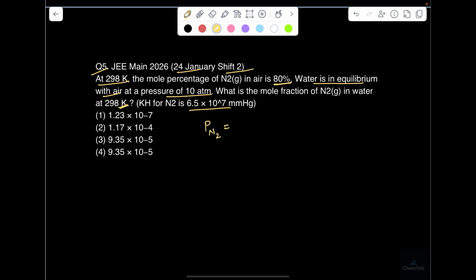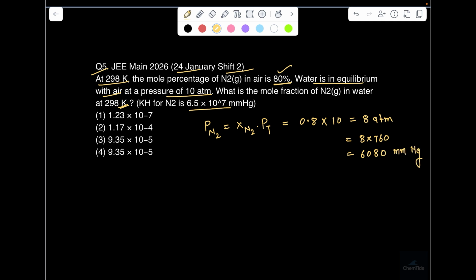Pressure of nitrogen is equal to mole fraction of nitrogen into PT in the vapor phase, where the mole fraction of nitrogen is 80, meaning 0.8, and the total pressure is 10. So we will get 8 atm, and applying 760 mm of mercury, we get 6080 mm of mercury.